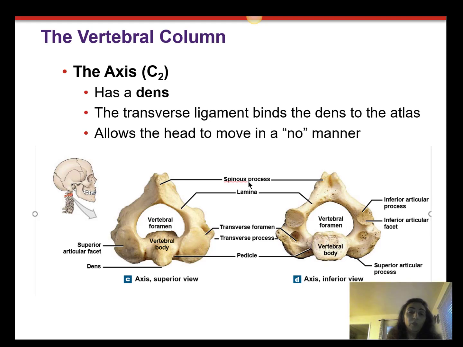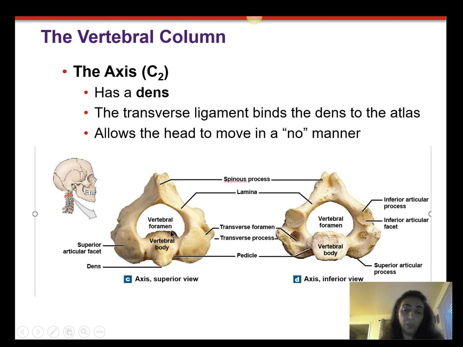The second one is the axis or C2. The important thing about the axis is it has a process that is called dens, and that is this part of that. As you see, it has a body.